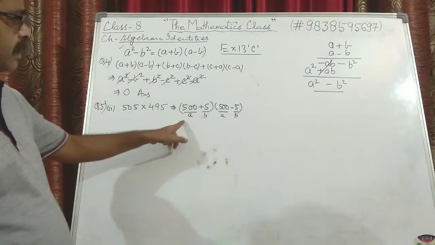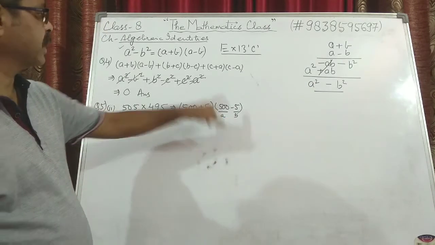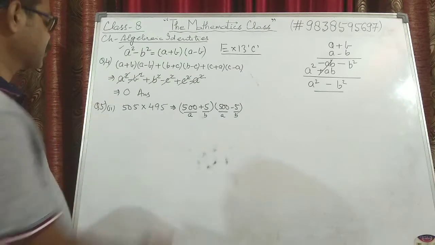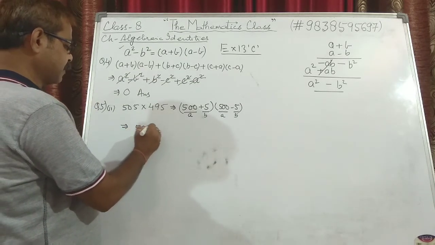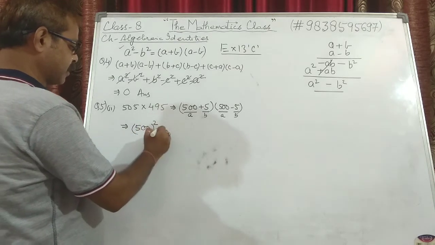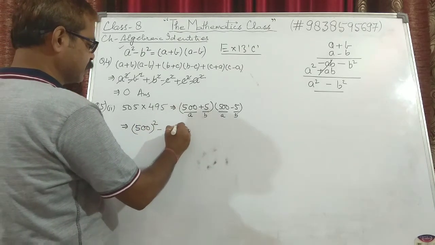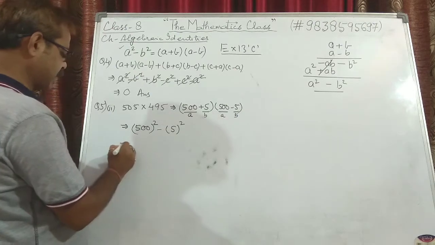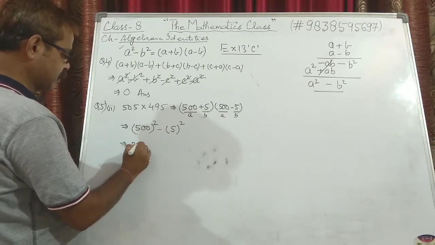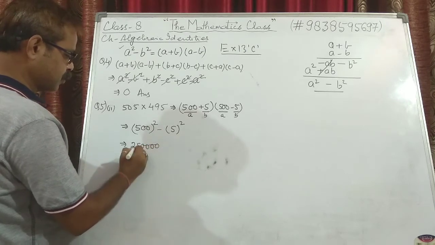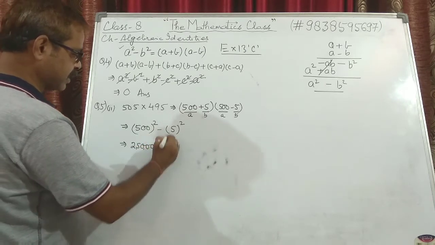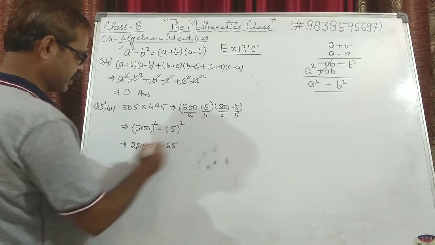We know that a plus b multiplied by a minus b is equal to a square minus b square. It means this can be written as a square, a is 500, square, minus b is 5, so 5 square. Now 500 into 500 is 2,50,000 minus 5 square is 25.